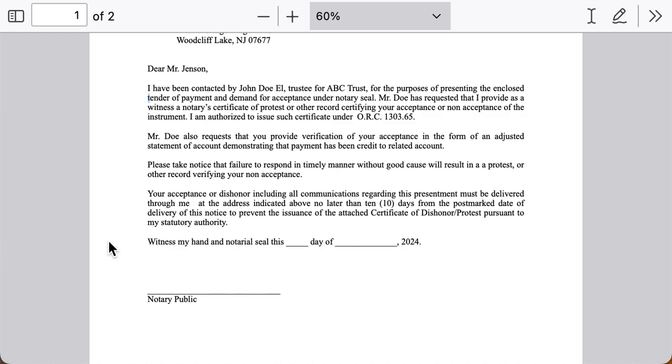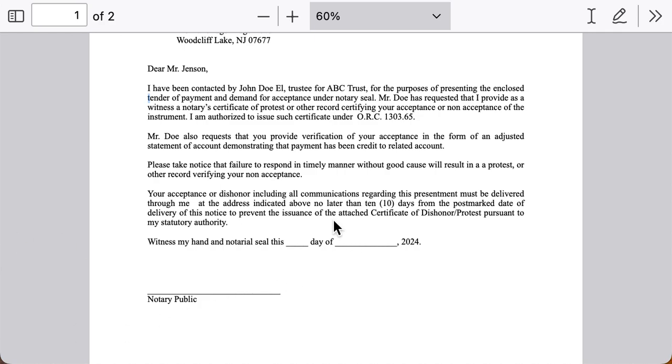Your acceptance or dishonor, including all communications regarding this presentment, must be delivered through me at the address indicated above no later than 10 days from the postmark date of delivery of this notice to prevent the issuance of the attached certificate of protest pursuant to my statutory authority.